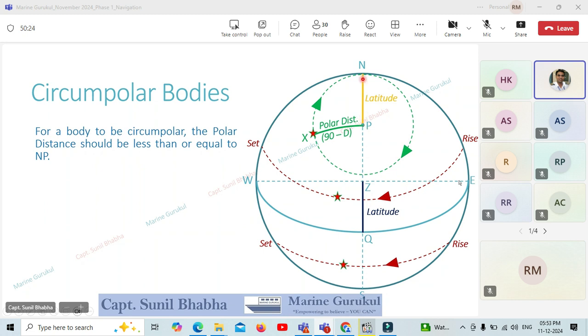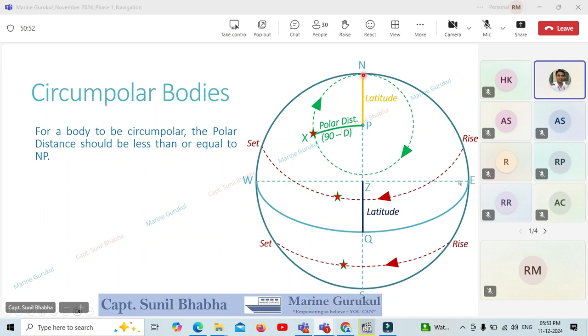If the polar distance is more than NP, then you can clearly see from the diagram that the declination circle will go beyond the horizon of the observer. It will go below the horizon of the observer, making the body not a circumpolar body. If it has to be circumpolar, the radius of this circle, that is PX, should be equal to or less than NP.